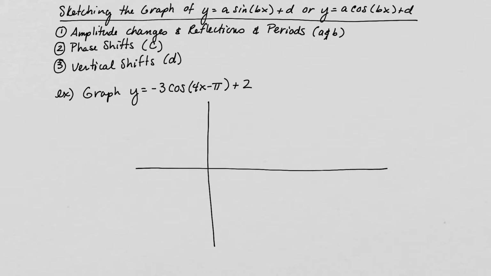The very first thing I realize is that I'm starting with a cosine function, and the amplitude is 3 and it's also reflected. Our normal cosine function looks like this, but since this one is reflected, it's going to look like that pink part, with an amplitude of 3.